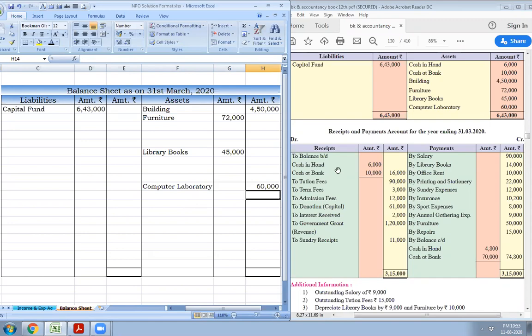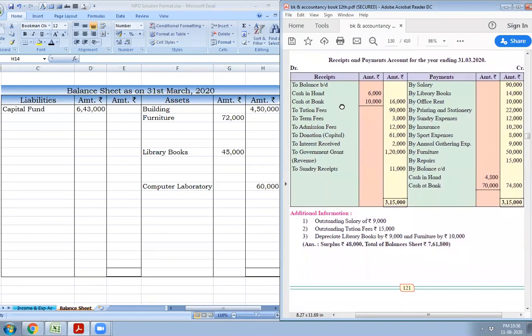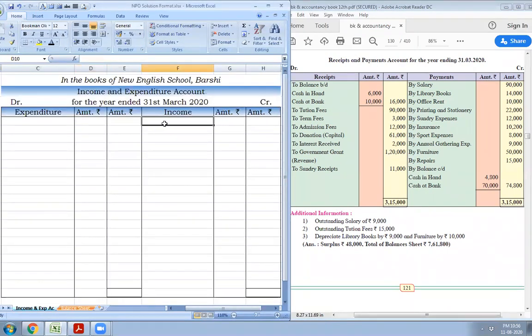Now receipt and payment account. Opening cash, opening bank, ignore. Tuition fees, income side. By tuition fees, amount rupees 90,000.